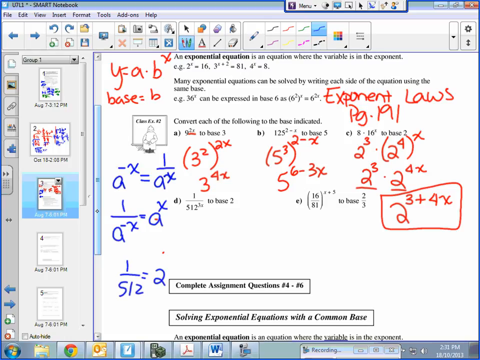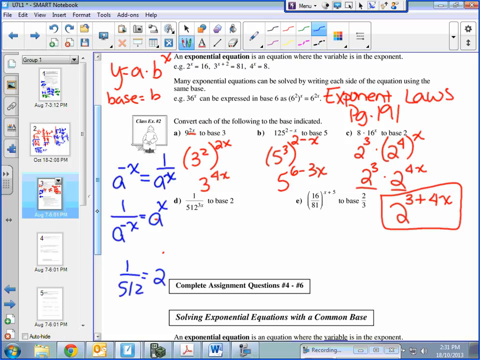This is where the guess and test comes from. It's like educated guessing. You just throw a couple numbers and then you're like, oh, I need to be higher. So 9. 2 to the exponent 9.